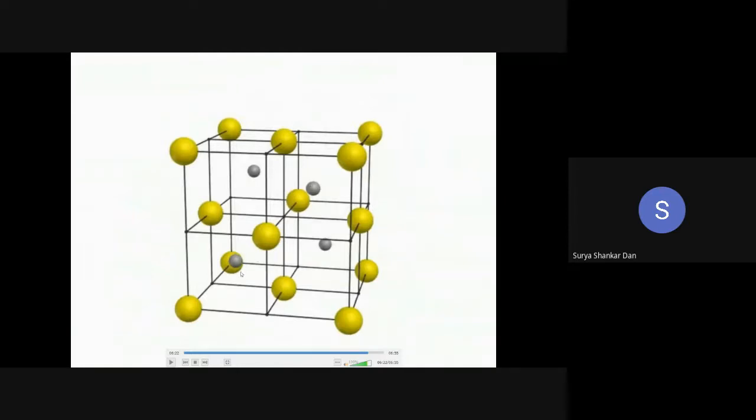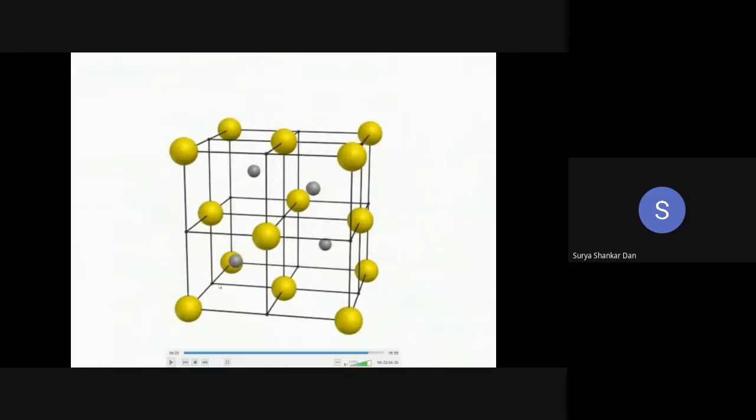Immediately after this, I will show you using some material-based software, which will help you to visualize the zinc blende structure itself.